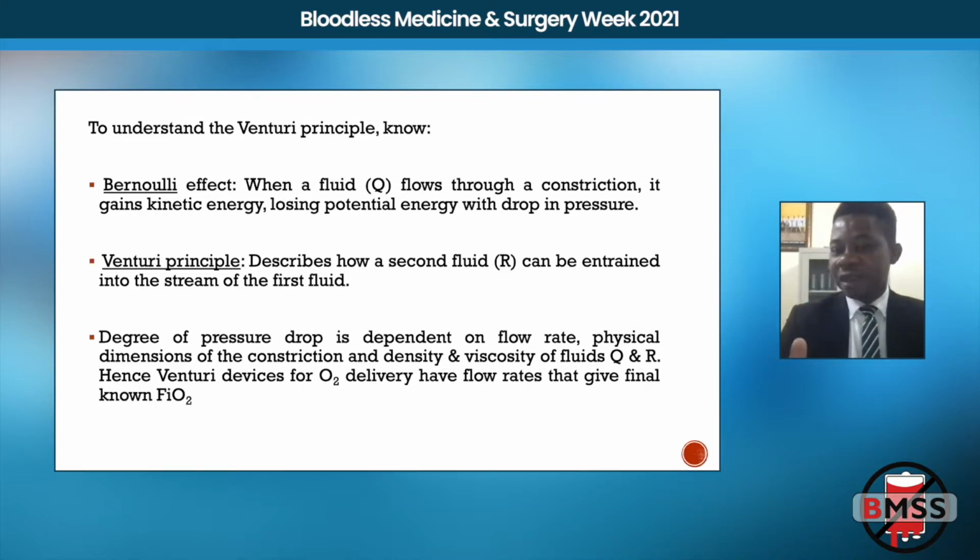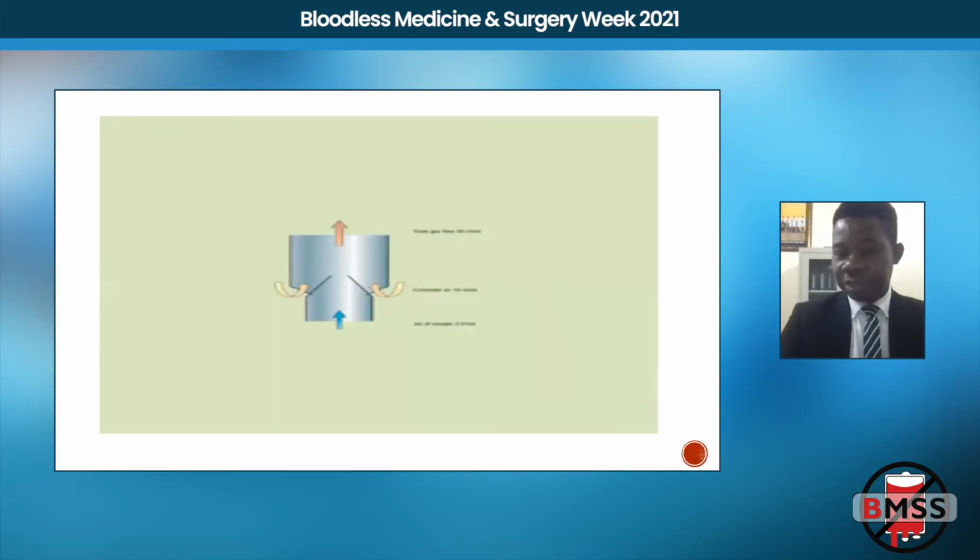Now, in this situation, let's assume we are giving a patient oxygen flowing through the venturi mask. At the constriction, the pressure drops. It tends to entrain ambient air, diluting the oxygen coming from the tank. It's designed in such a way that, based on the one we're using, it can dilute it to the concentration we want to get to the patient.